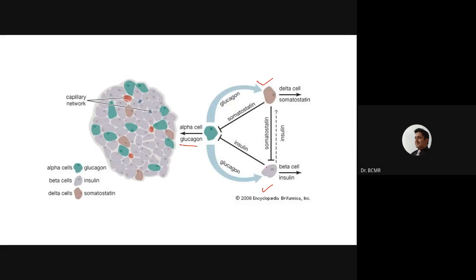When beta cells are activated, they inhibit glucagon and allow the release of insulin, which has an inhibitory effect on glucagon and will also enhance the uptake of glucose by the target cells.